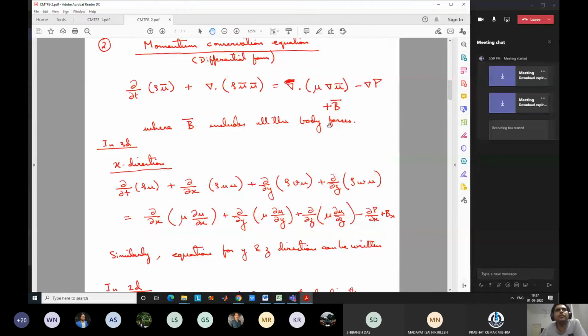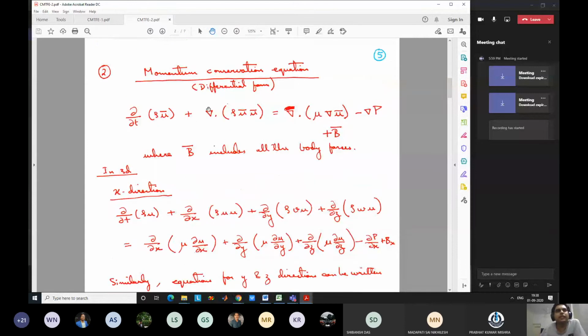There are other ways of denoting this. Last time students asked, they know the u dot form, like there is another form, u dot del rho u. That form of the equation is also there, and that can be easily derived from this form using the continuity equation. We will be using this form, but remember that there is another form.